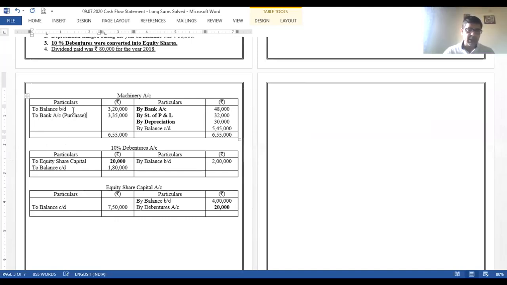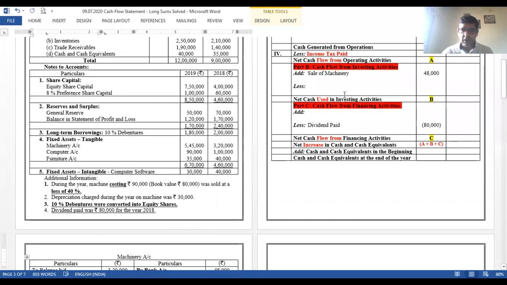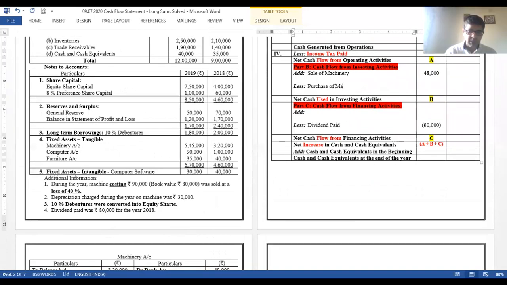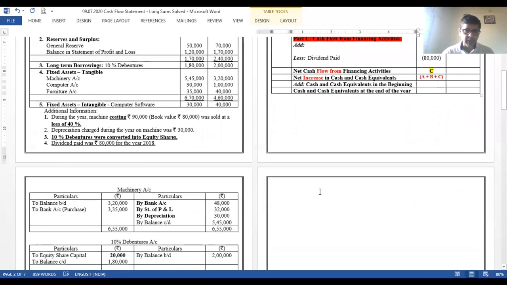This purchase of machinery again has to go to investing activity, outflow of cash. Purchase of machinery, in investing activity we will put minus. How much was the amount? 335.